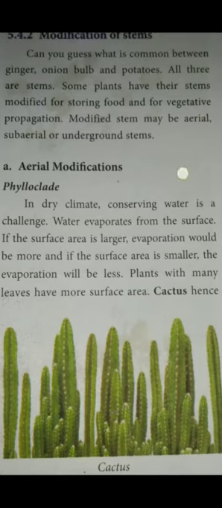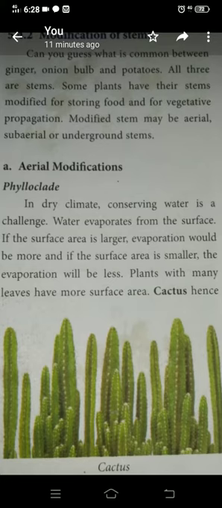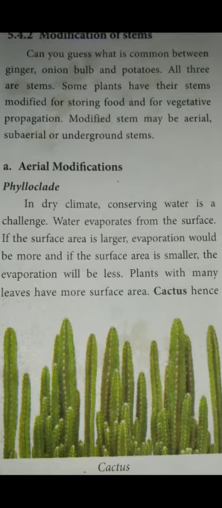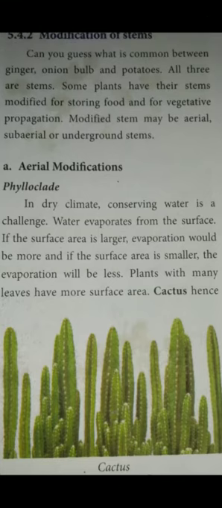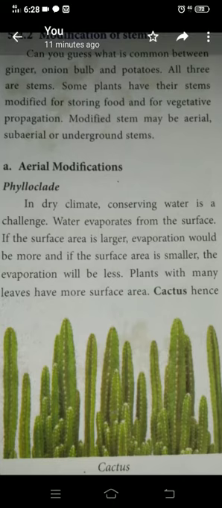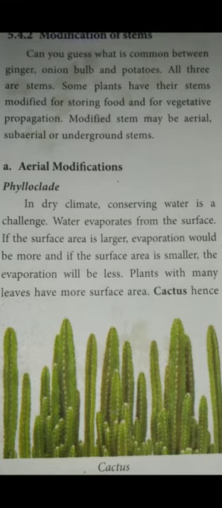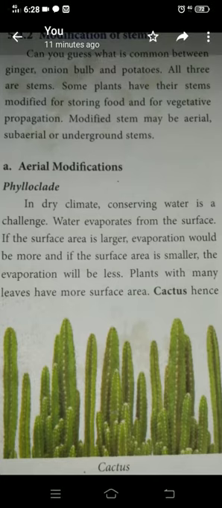So first one, aerial modification. Aerial modification means the phylloclade. You see it in the cactus plant. You see the stem here. It is present in desert areas, so it avoids evaporation.